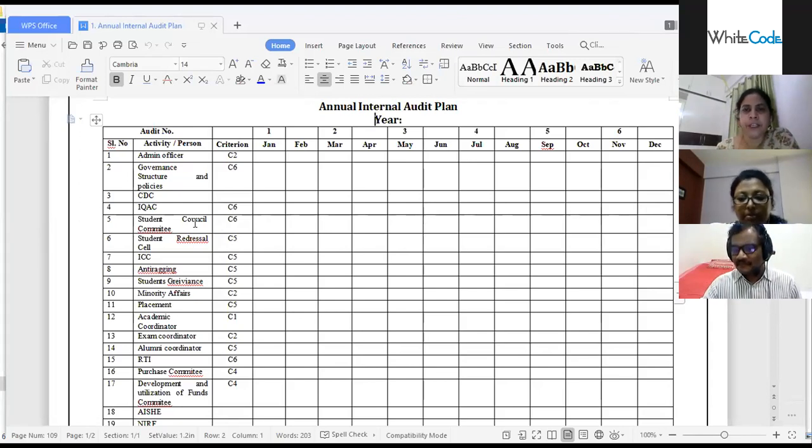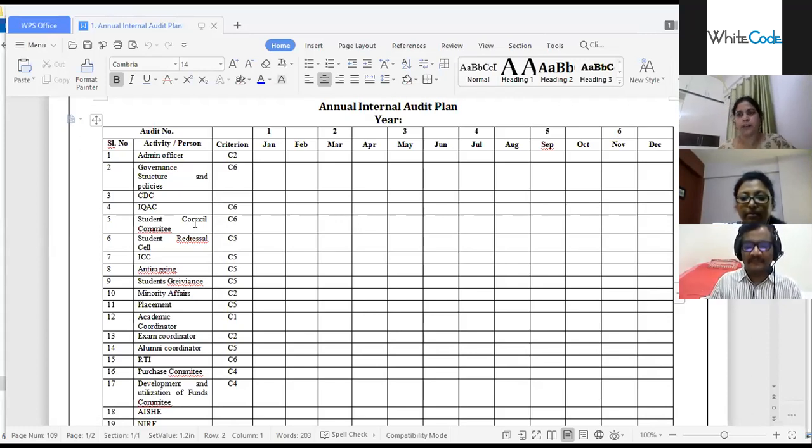So we need to have a clear audit plan, and when we make a calendar, we need to add the audit dates also. A principal should add the audit date in the principal's calendar, so it shows that in this particular month we'll be having an audit. So it's a planned thing.